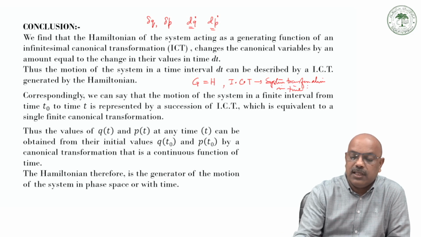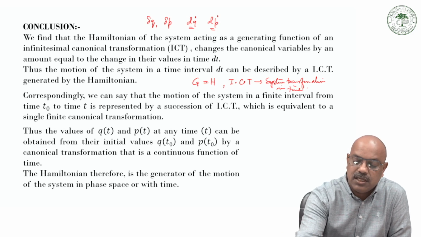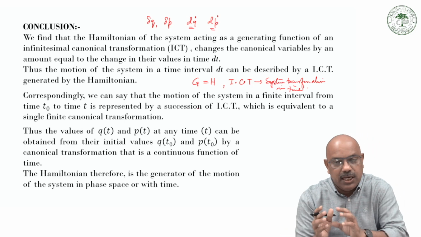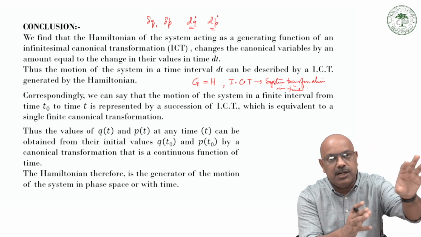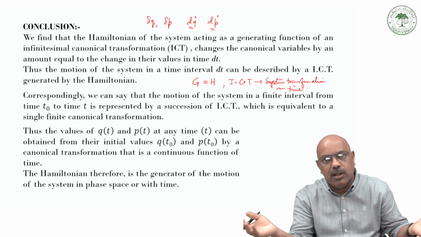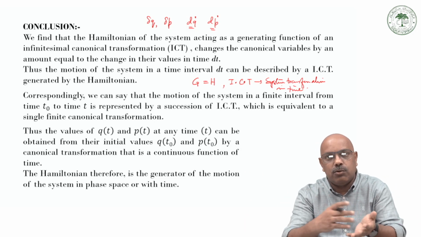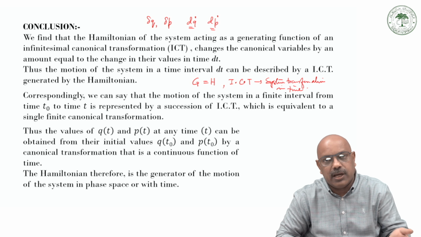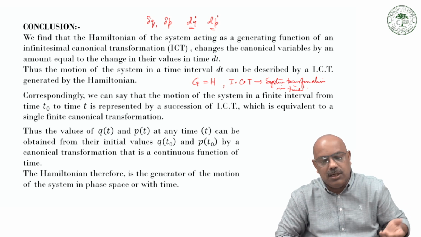We will see further that if my G is H, then the system is being transformed in time for this small delta t, and if I sum over all of these, it gives me the total canonical transformation in time from t0 to t.